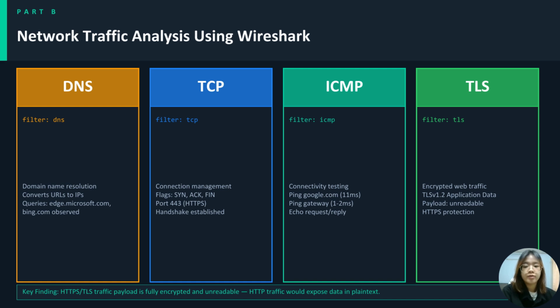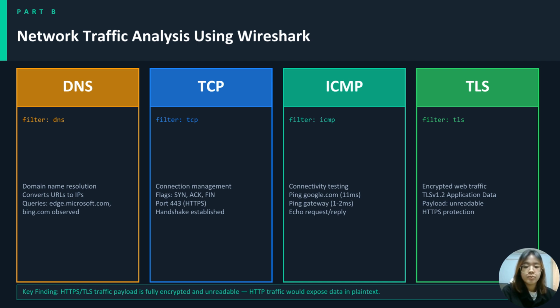So you can see the first protocol analyzed was DNS, or Domain Name System. DNS translates domain names like google.com into IP addresses so users can access websites. The capture shows DNS queries for domains such as Microsoft and Bing services.